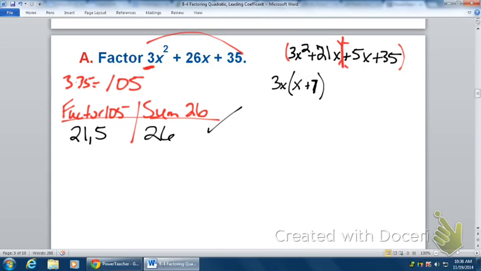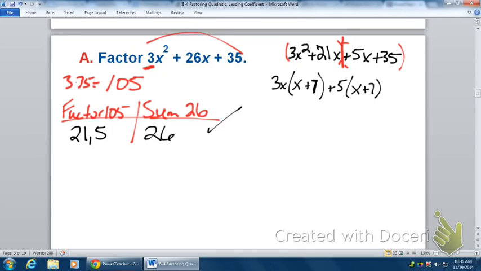Now, factor out the next one. Looks like we can factor out a 5. What's going to be left? An x. 5 times x is 5x. Matches the top. And a 7, because 5 times 7 gives me 35. So that matches the top also.